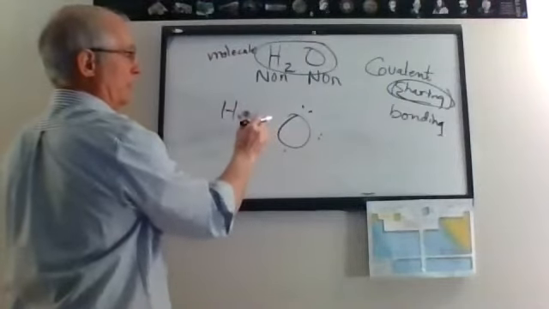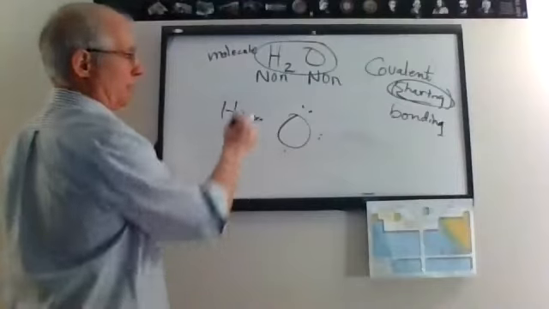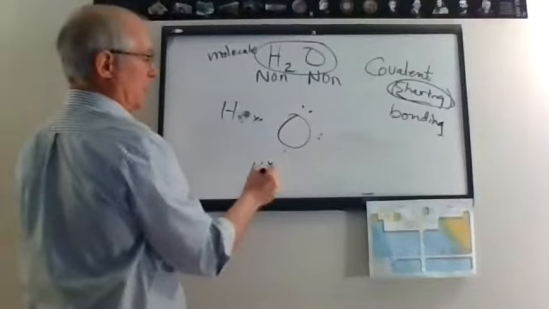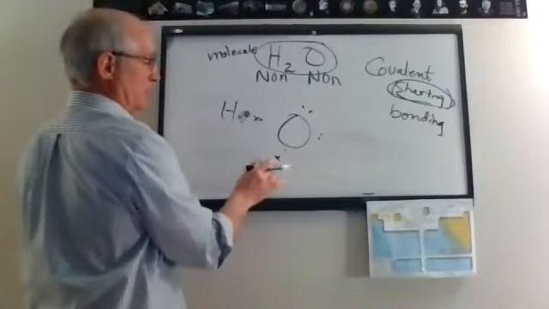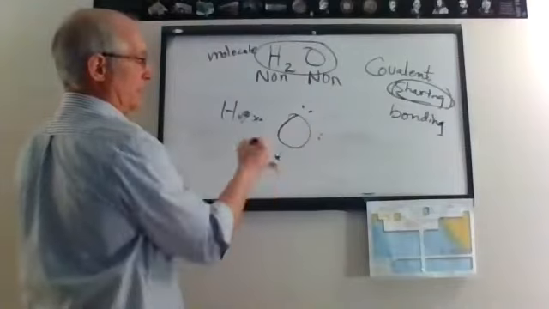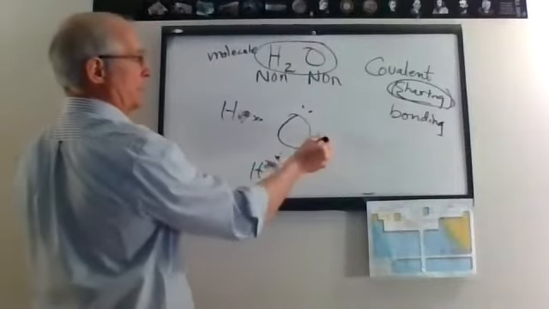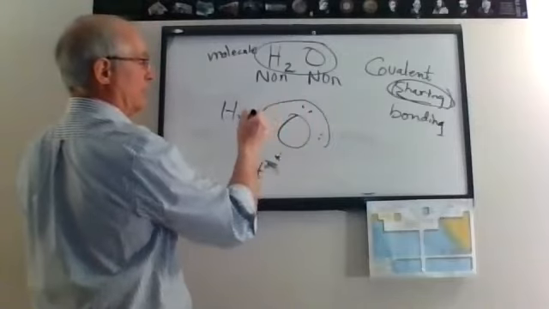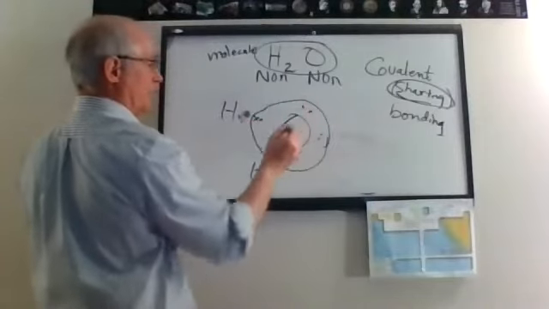This one throws its electron in the middle, and they both play with that toy together. So the oxygen gets to play with 2, 4, 6 of its own electrons, and with 2 of those hydrogen electrons.